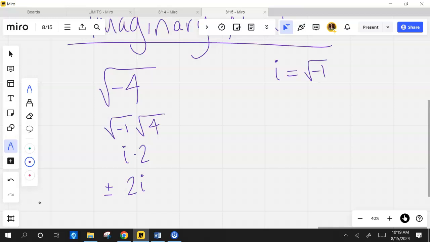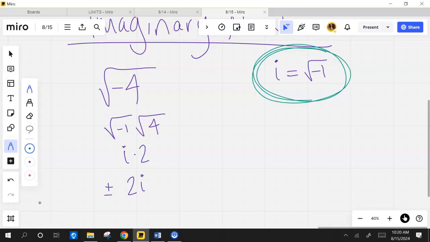If I have a negative under the radical, right? If I say that i is the same thing as the square root of -1, and in math, it's kind of like pi is 3.14. i is always, little italic i, the square root of -1.